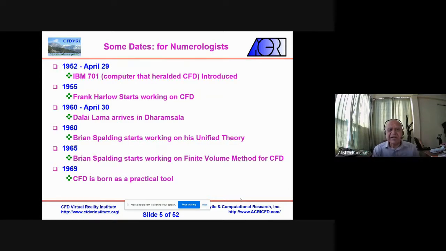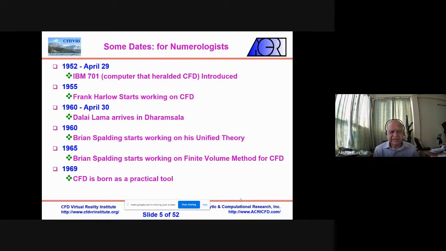So here are some of the dates that are important in CFD. The first commercial or semi-commercial defense computer was the IBM 701, introduced in '52. In '55, a very brilliant scientist, Frank Harlow, at Los Alamos National Lab, which was a defense and atomic weapons lab, started working on fluid dynamic problems.